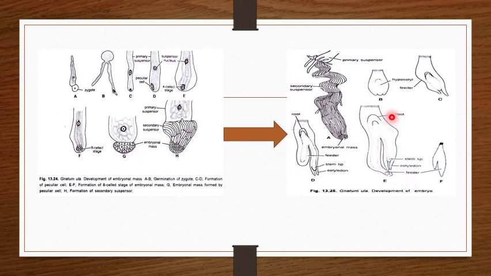Thus, the stem tip, 2 cotyledons, root tip and root cap are the parts of the mature embryo.